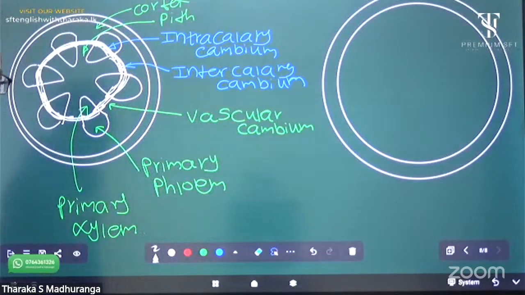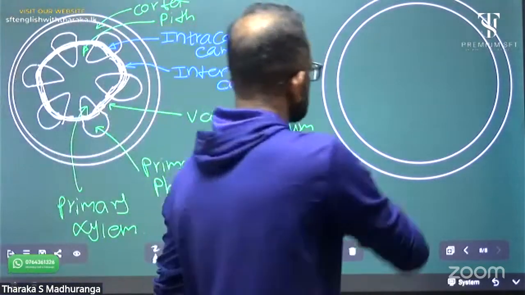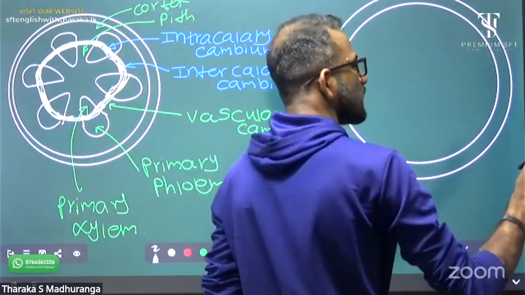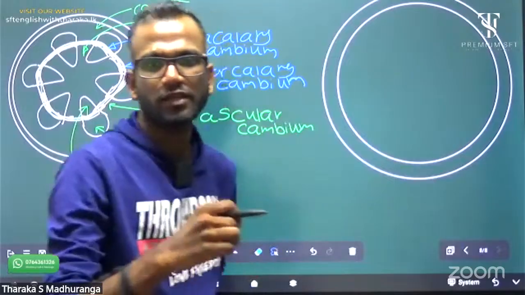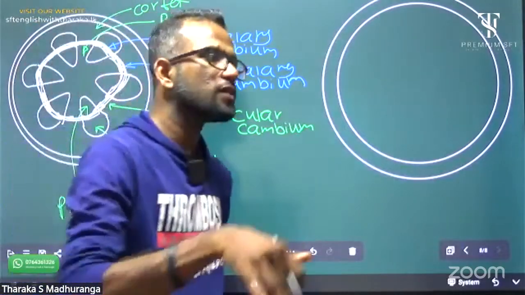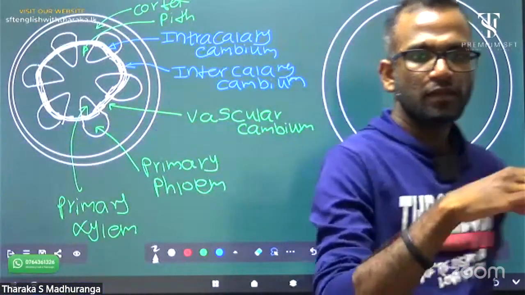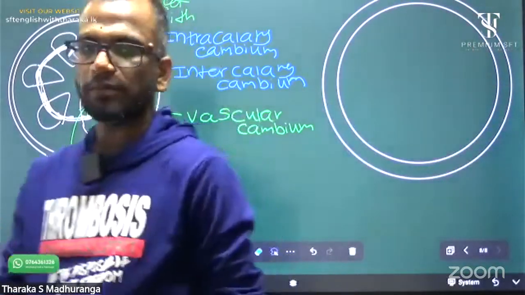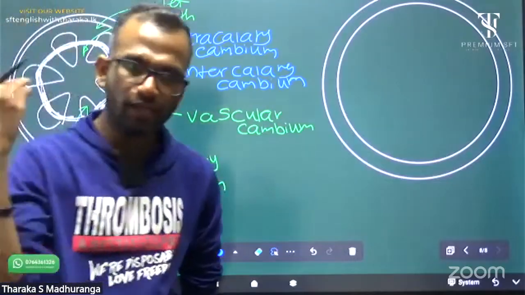Okay. Now this is just a story, right? In primary growth, there is only a vascular bundle ring. This intercalary and intracalary cambium tissue develops as a ring.